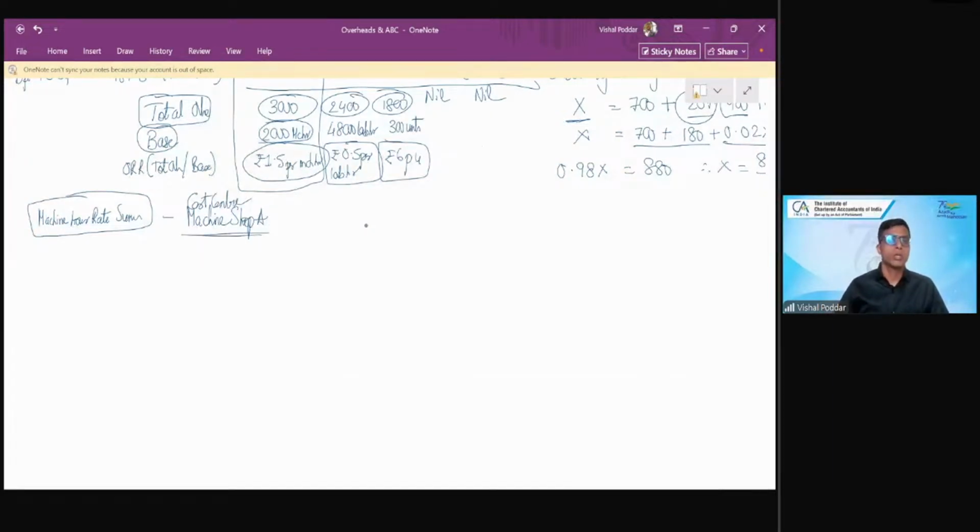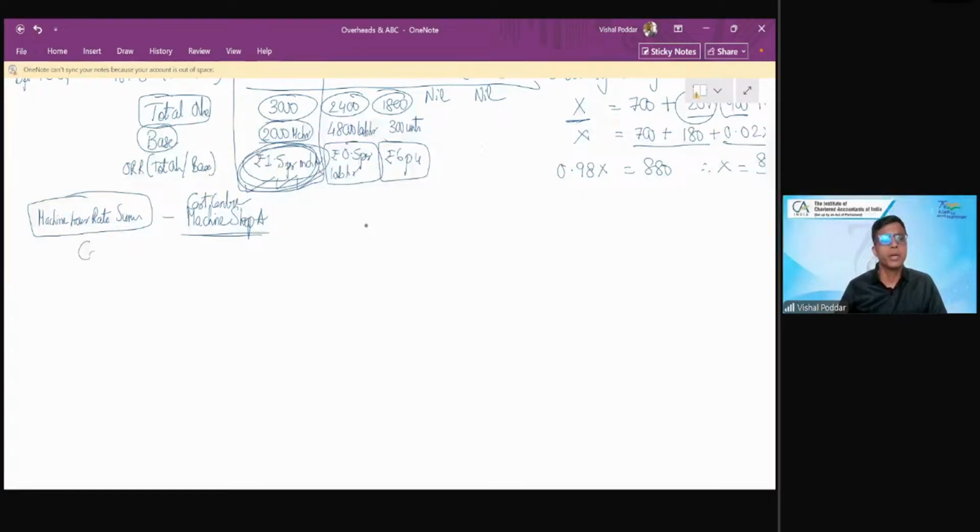Now you have to find out the same thing, ORR, by taking machine hours as the base. So the ORR will be point something per machine hour. Like in my example, it is 1.5 per machine hour. This is what is called the machine hour rate. So the ORR, which is computed by taking machine hour as the base, is what is called the machine hour rate.